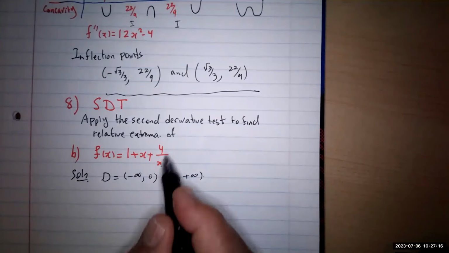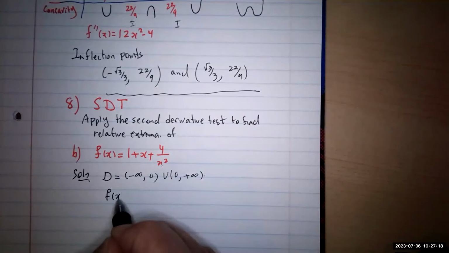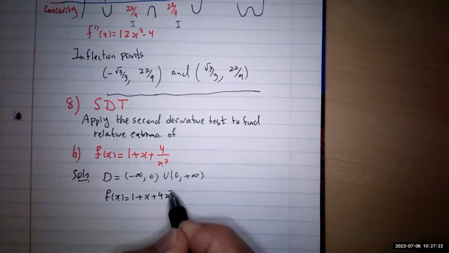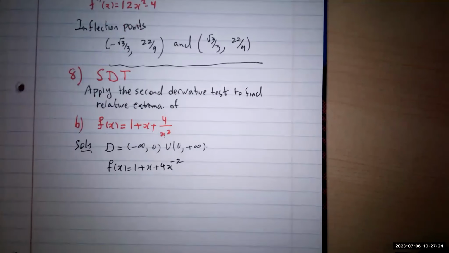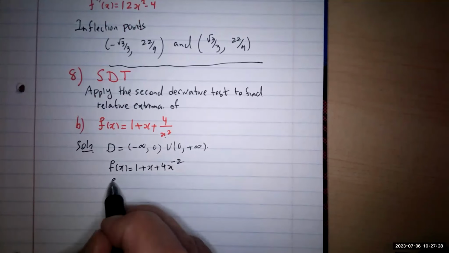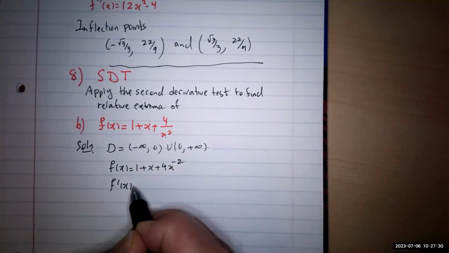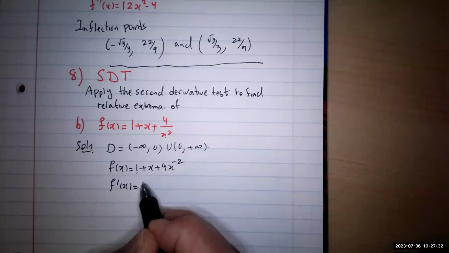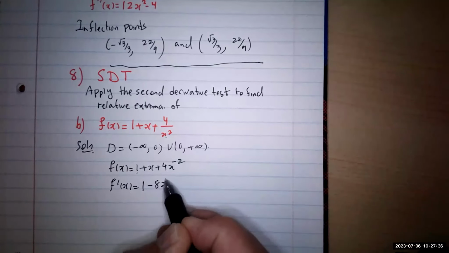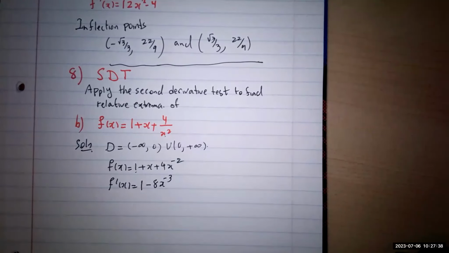I suggest to move this one up because you want to differentiate it twice. Okay, you have to find the critical values first. So that part would be fun. F prime: derivative of 1 is 0, derivative of x is 1, this would be negative 8x to the negative 3. Make sure you don't miss this one.